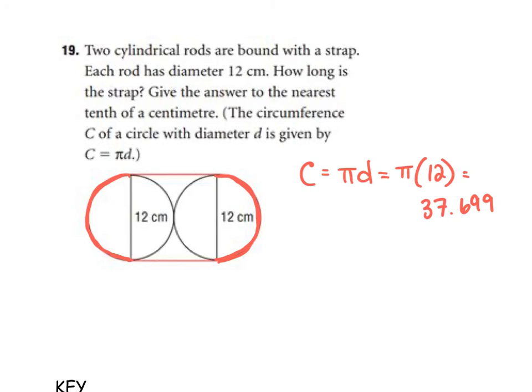All right, so I found the distance around this red section, but now I'm going to color these blue lengths to figure out. Well, if I look, I'm going to do this in green, from the center of the circle to this edge is a radius. And a radius is half of the diameter.